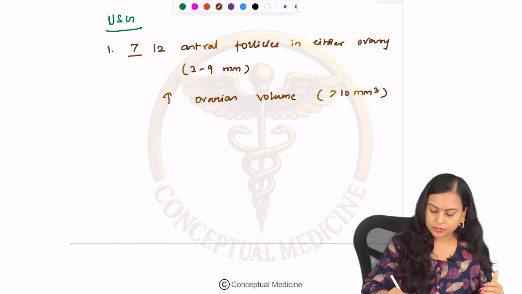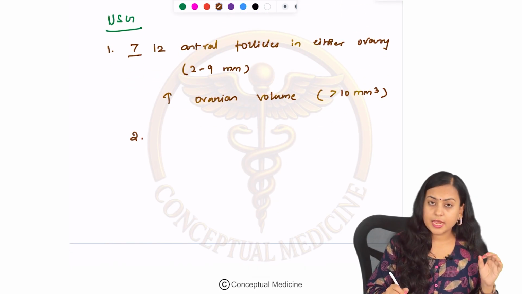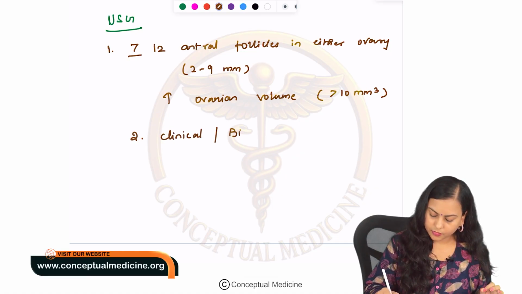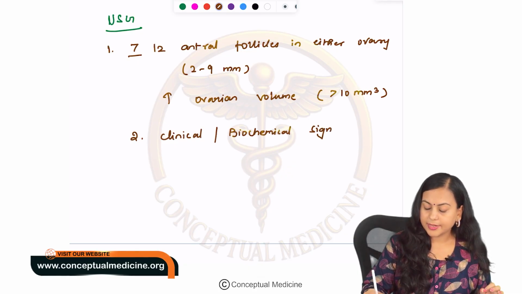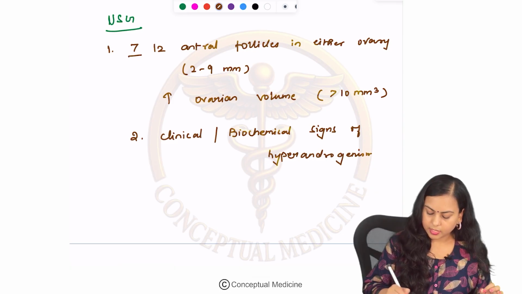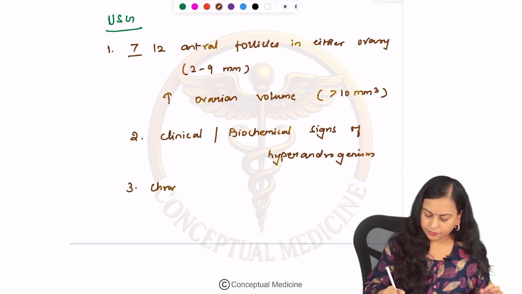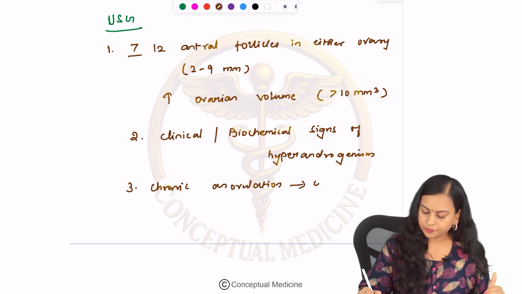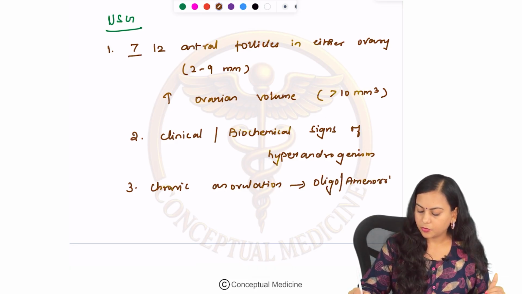And the next one is, you will be able to see clinical or biochemical signs of hyperandrogenism. Then you will have chronic anovulation, that will be evident by oligomenorrhea or amenorrhea.